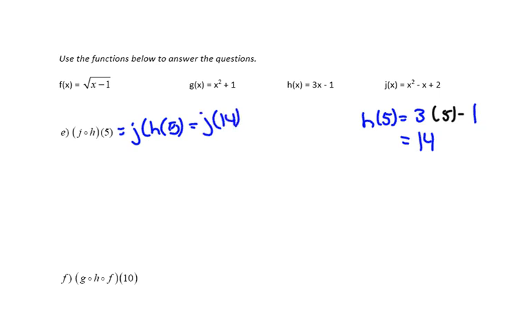Now, I only have one function left, and it's the j function. So I'm going to plug in 14 into the domain for the j function. So what is that going to look like? So this simplifies down to 184.